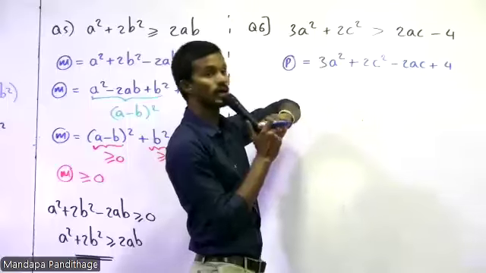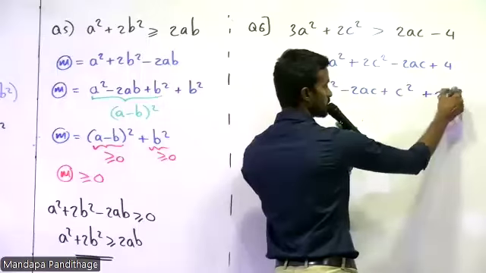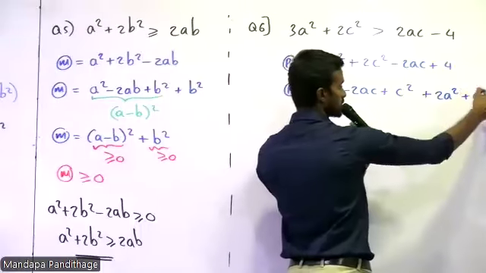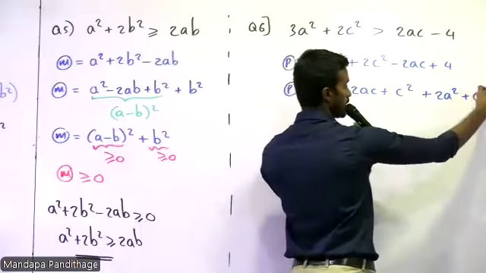But for that purpose, I need a minus c squared. So I don't want 3a squared and I don't want 2c squared. Just take 1a squared minus 2ac plus c squared, so you can collectively consider that this is a minus c squared. Then write the remaining 2a squared, write the remaining c squared, and write the 4. Out of these 3a squares, I only have taken 1. Out of these two, I only have taken 1. Which means this gives you a minus c squared.